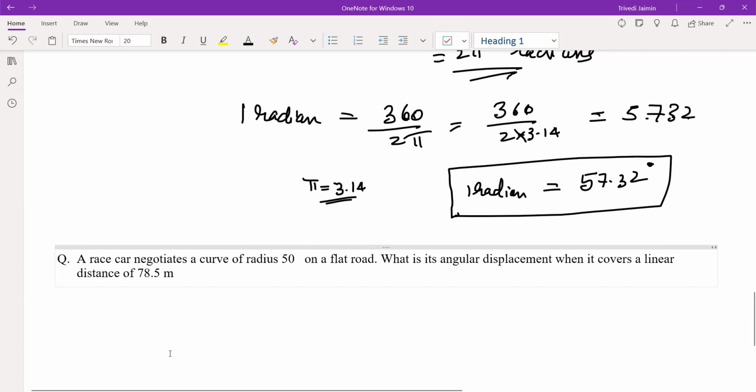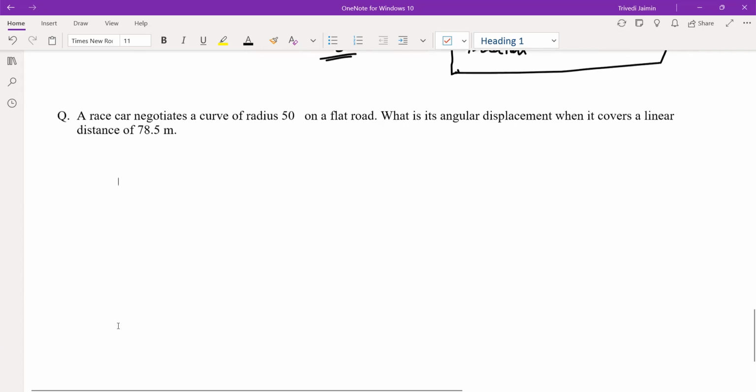Would you try this? Come on. Let me just give you the given terms so that it will be easy for you first. Radius is 50 meters.